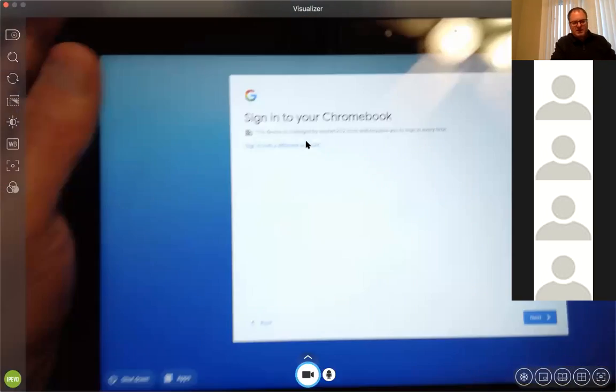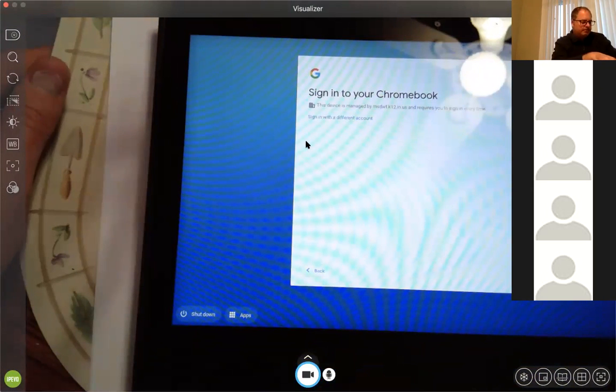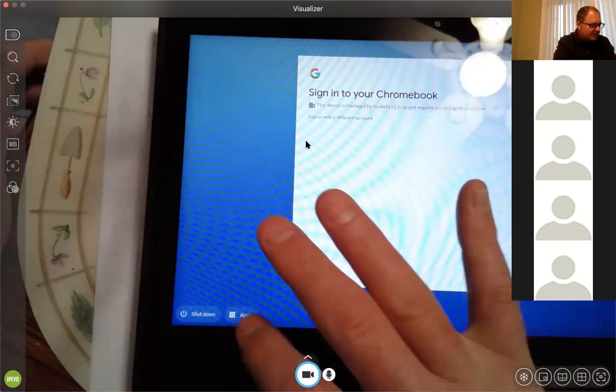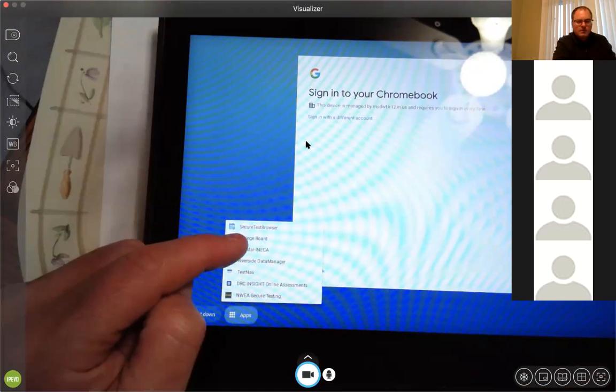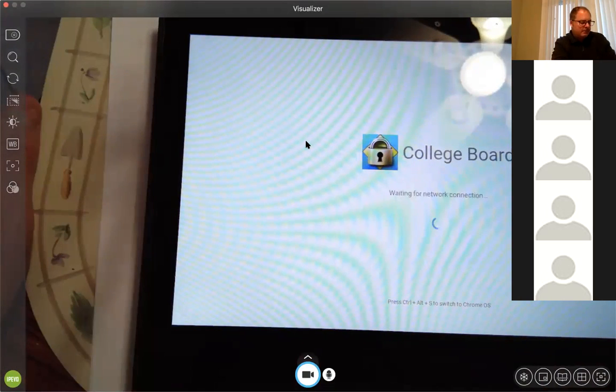Now, instead of signing into your Chromebook, this is kind of anti-intuitive. You're going to sign into one of the apps that should be logged onto there. It's called the College Board app. And when you click that, that will open up their browser.